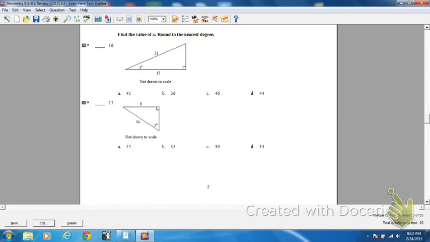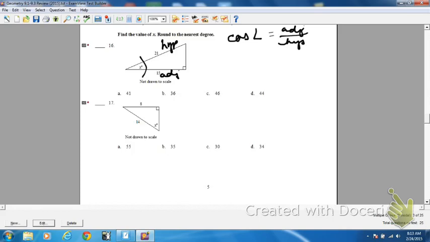Number 16, we're back to some easier problems. We have adjacent and hypotenuse. Again, anytime you're finding an angle measure, you're going to end up using the inverse. So we have adjacent and hypotenuse. That's cosine of the angle is adjacent over the hypotenuse.